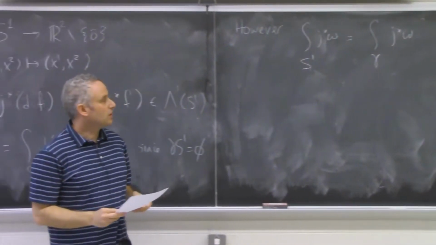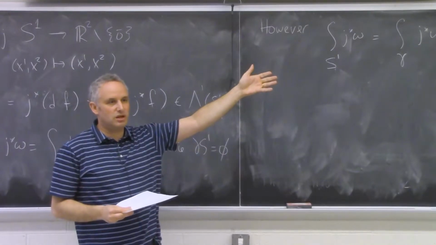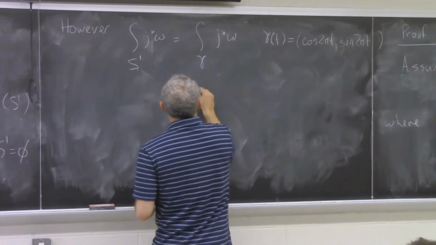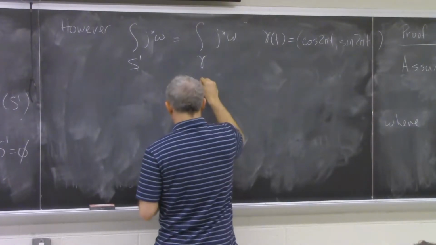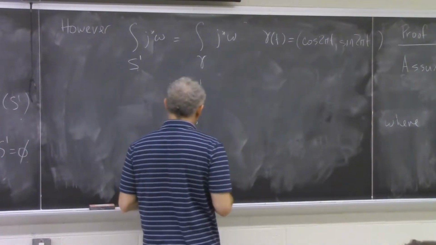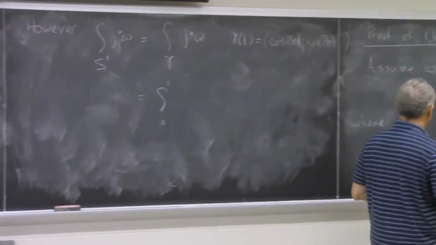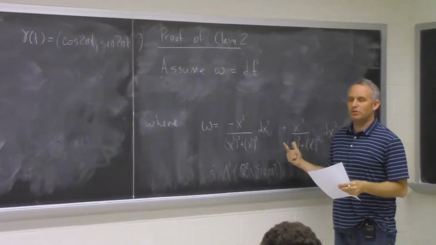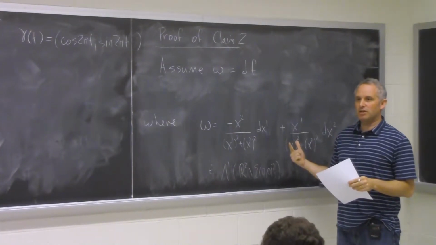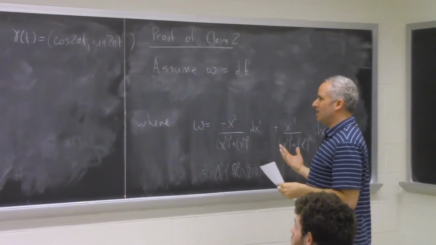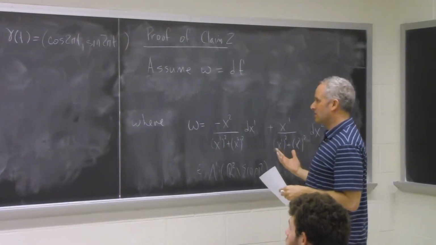Okay? And so now everything's just a calculus problem. So this is, by definition, the integral from 0 to 1. And then we have to pull back this form to S1 by J. Right? So J is just inclusion.